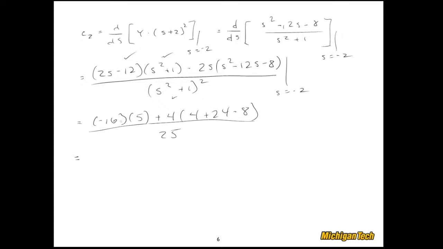So let's keep going. 16 times 5 is 80, so we have minus 80 plus, let's see, 28 minus 8 is 20 times 4, so plus 80 over 25. That's nice. So C2 is equal to 0. Wonderful. So we have two of the coefficients, C1 and C2. Now we'll plug those back into our Y of s and solve for C3 and C4.